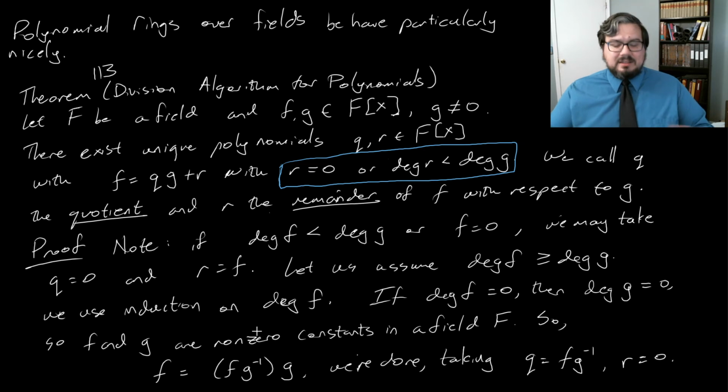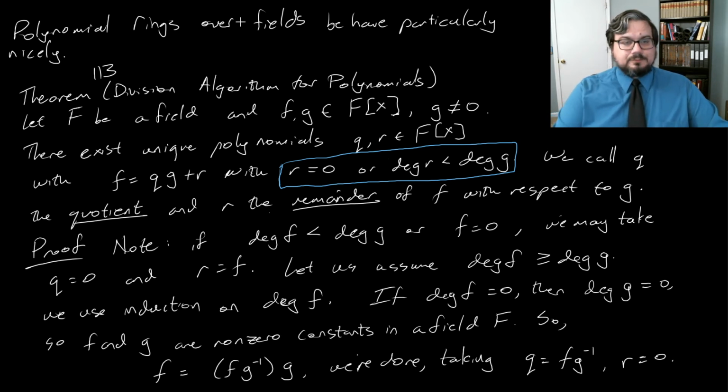And we'll see that, in fact, the division algorithm completely fails if the coefficient ring is not a field. All right, so we've got the base case where the degree of F is equal to 0. And so now let's move on to the inductive step.